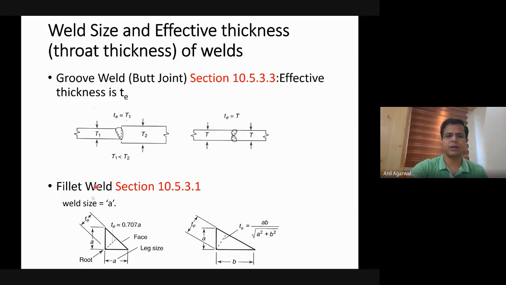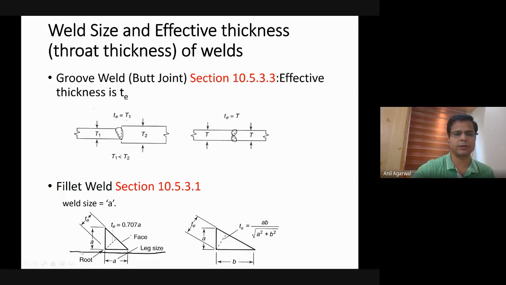In the case of a fillet weld, however, the calculations are relatively more complex. So a fillet weld is triangular in shape like this, right? You would typically have, if I may draw it, a plate sitting here, and then maybe a plate sitting here.